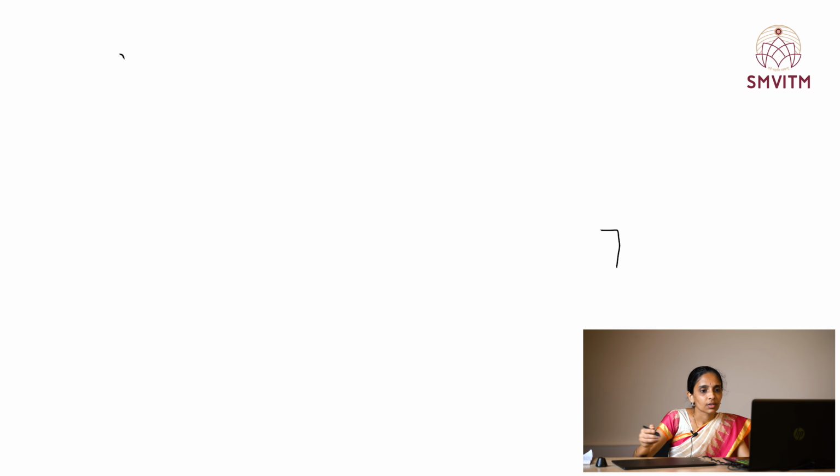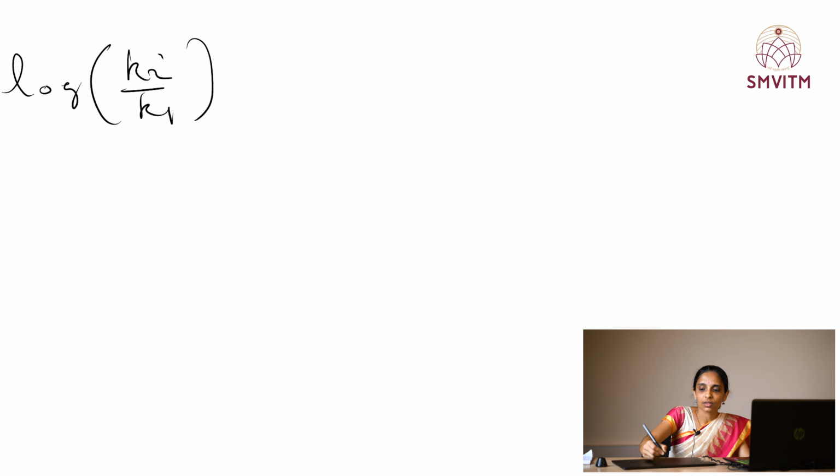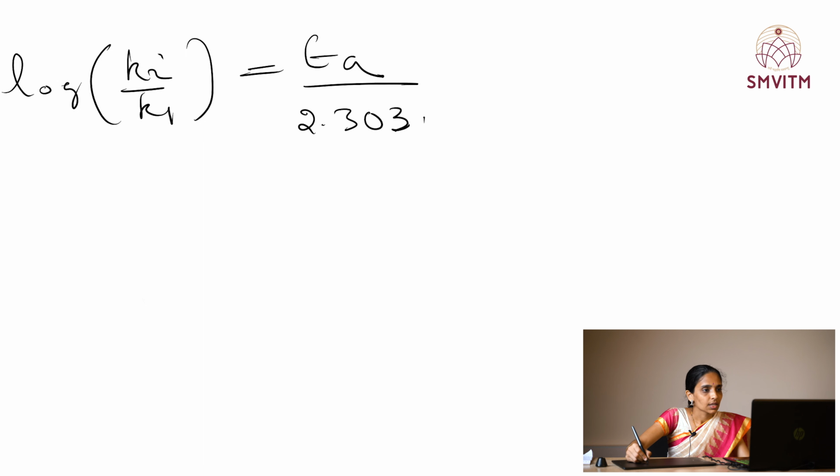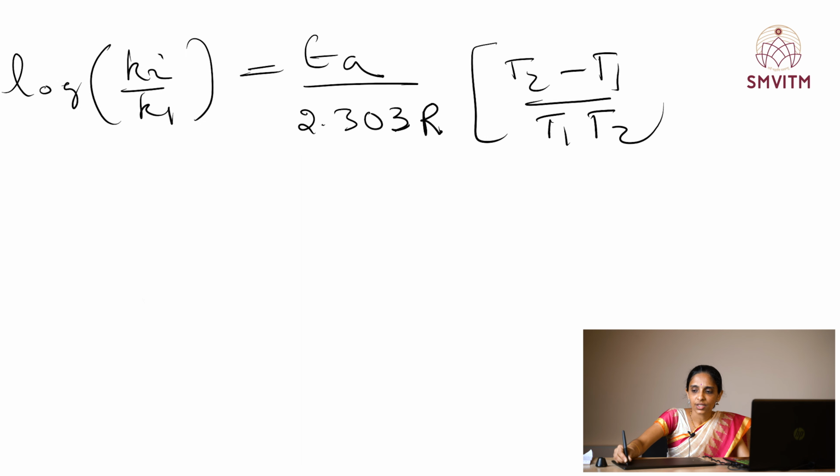It is log of k2 by k1 is equal to Ea by 2.303 R into (T2 minus T1) divided by T1 T2. If you write k2 by k1, remember it should be T2 minus T1, not T1 minus T2.